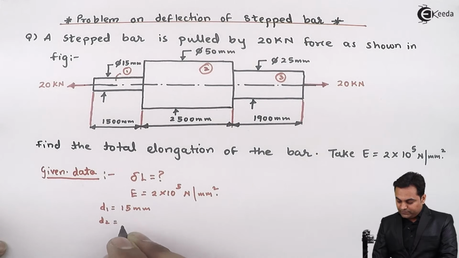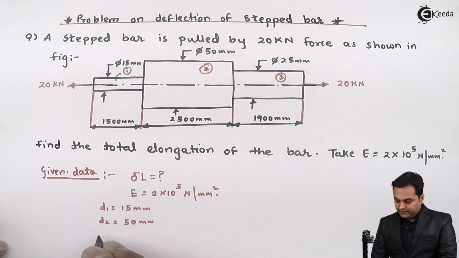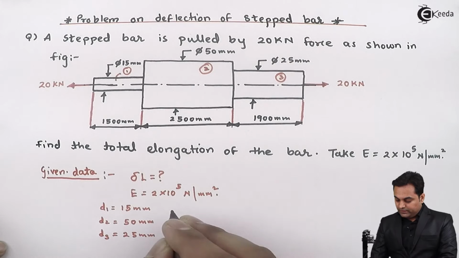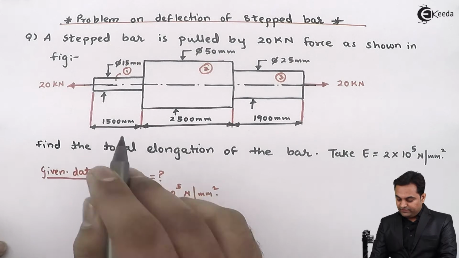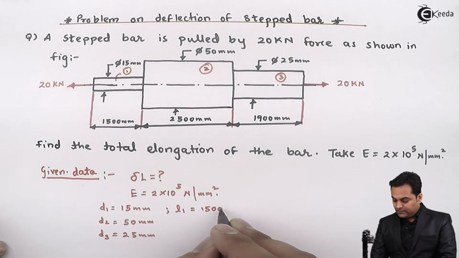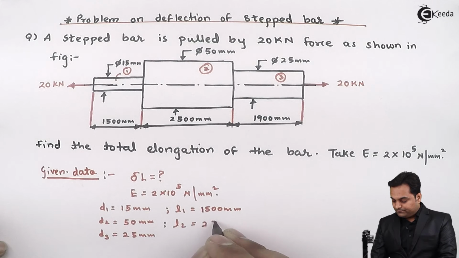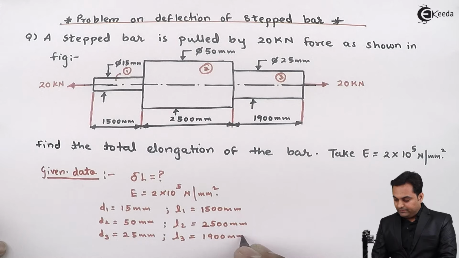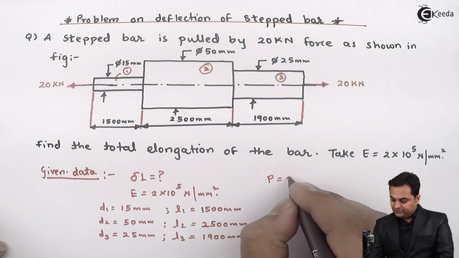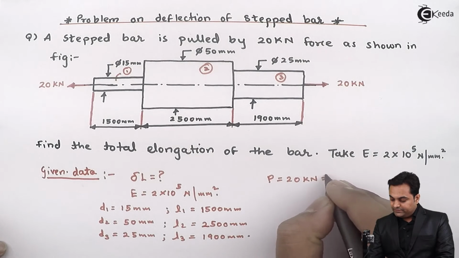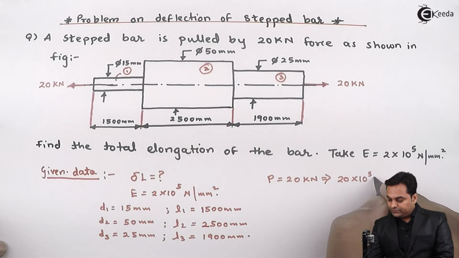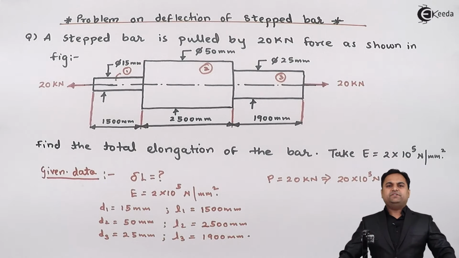Next, D2 is 50 mm, and D3 is 25 mm, and the corresponding length L1 is 1500 mm, L2 is 2500 mm, and L3 is 1900 mm, and the load value is given as 20 kilonewton. So I'll write it as 20 into 10 raised to 3 Newton. So this much is the data given to us.